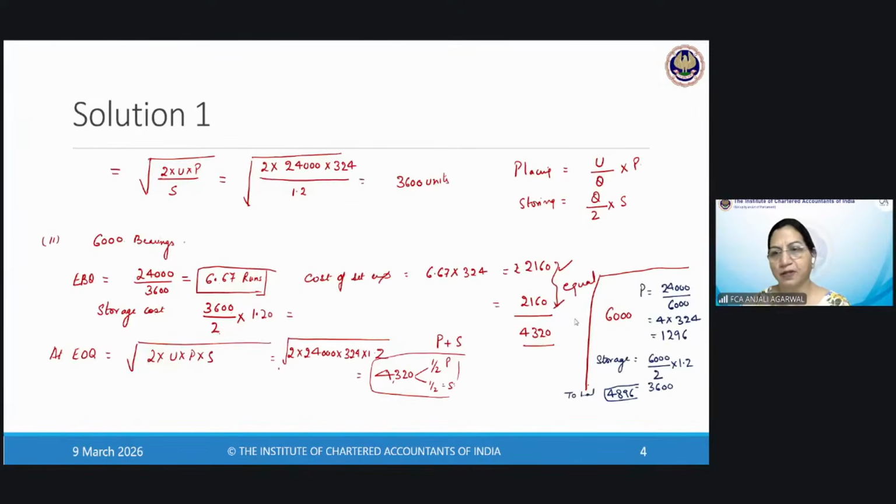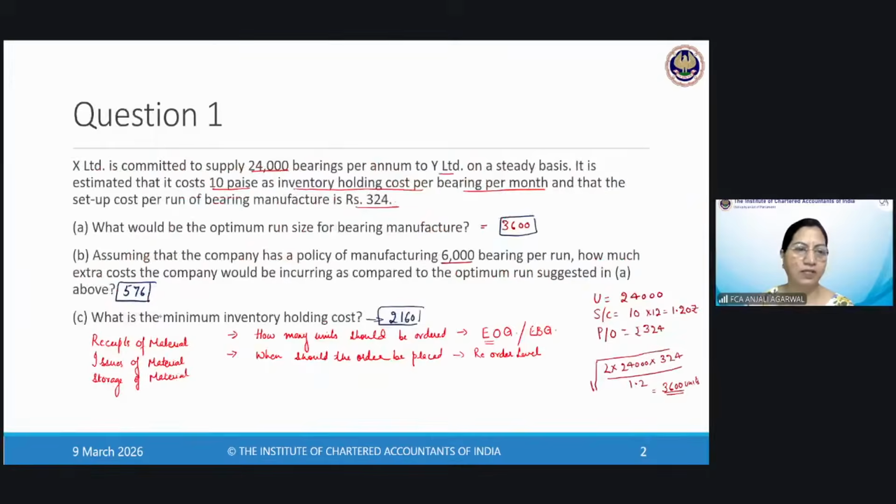Right. In the same question, if I ask one more question here, like what discount should the vendor offer so that you agree to the 6,000 bearings per run? So what is the extra cost you are incurring? 576.